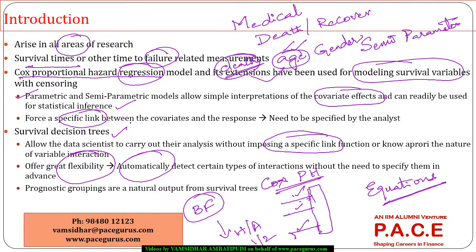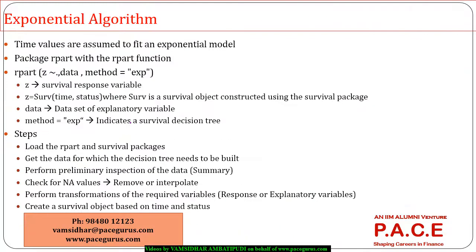So that's one reason, compared to Cox proportional hazard models, that we can very well think of relying on survival decision trees. Now, to execute this survival decision tree, there are a couple of algorithms. In R, we will use the exponential algorithm.